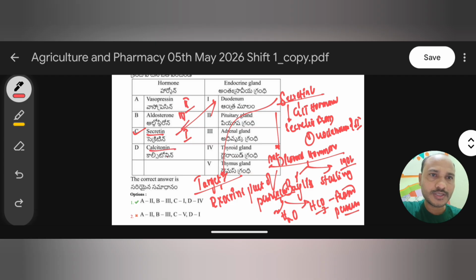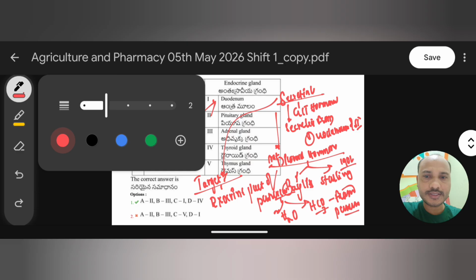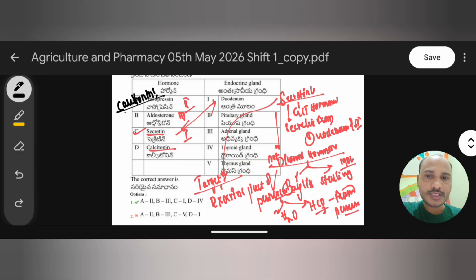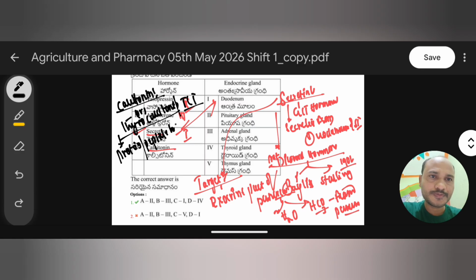Now coming to calcitonin, also called thyrocalcitonin, TCT. Generally it is a protein or peptide hormone, unlike T3 and T4, which are iodinated tyrosine derivatives. Tyrosine is an amino acid, and T3 and T4 are hormones of the thyroid gland.